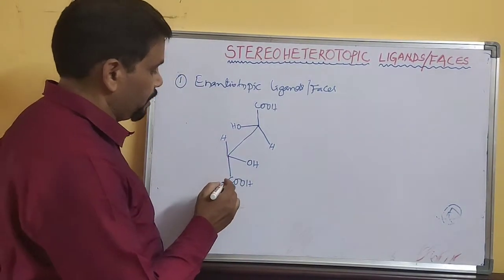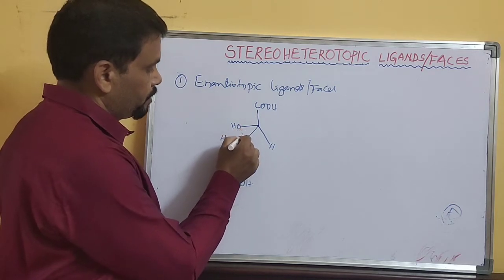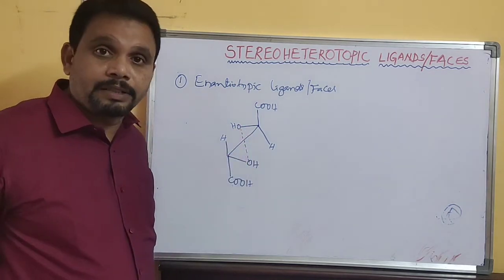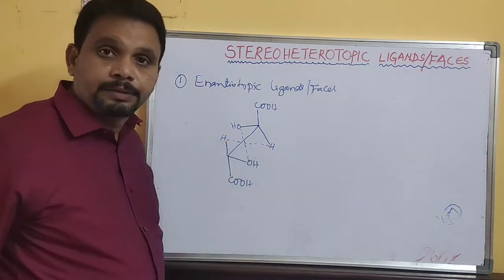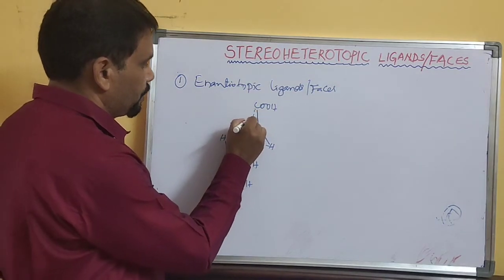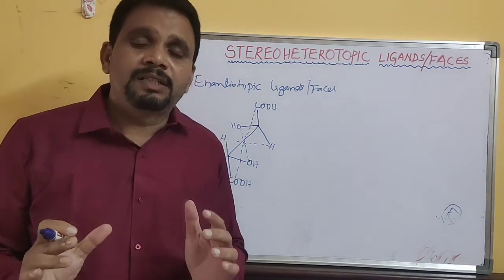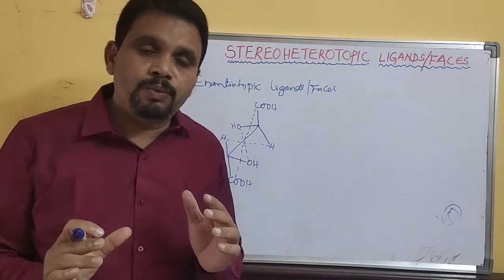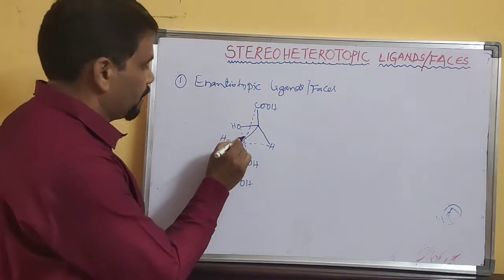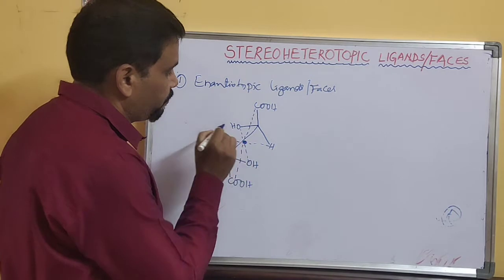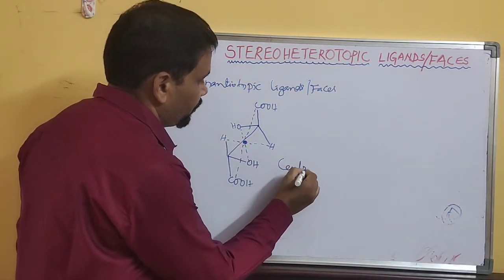For example, here you can connect this OH and this OH, these two groups are the same. You can connect like this, and these two hydrogens are the same, and these two COOH groups are the same. While connecting the same groups with a line, if those lines bisect at one center, one center is formed.